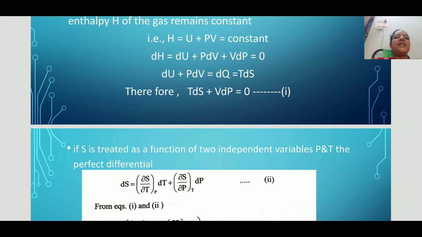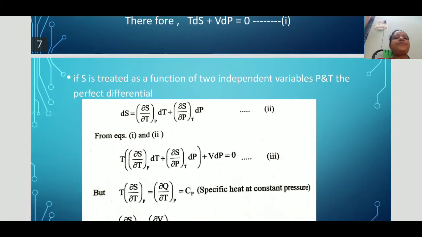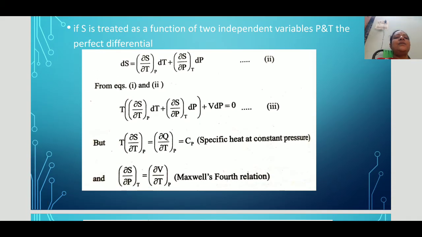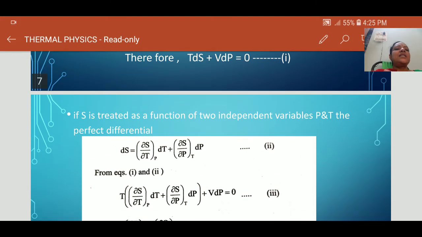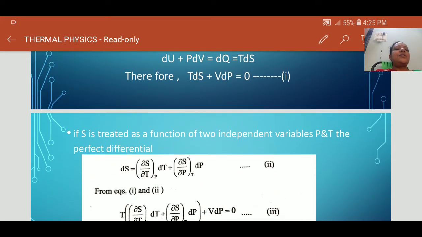So dS can be written as dS is equal to dou S by dou T at constant P into dT. Similarly, by keeping temperature constant, we can write dou S by dou P at constant T into dP. Say this is the second equation.